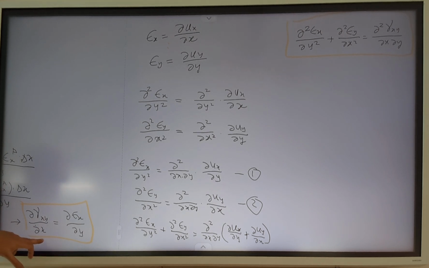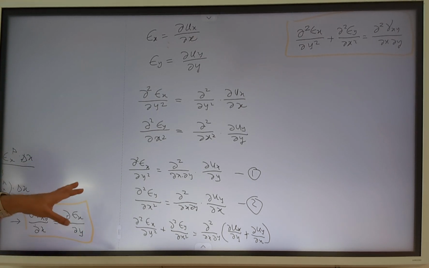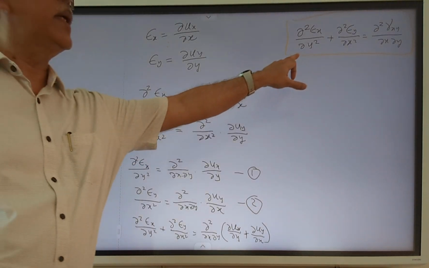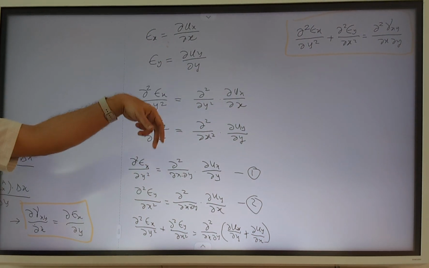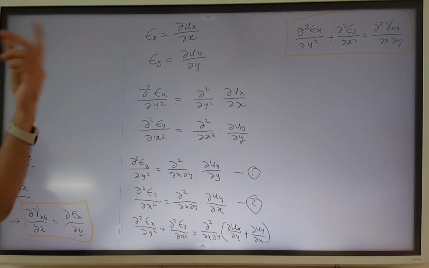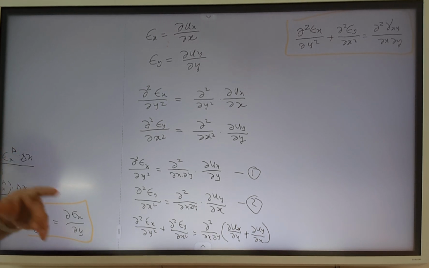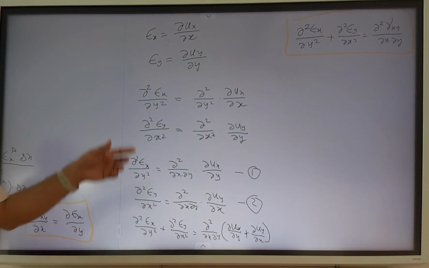That is what we found by simple geometry. In more general form, the general relationship between epsilon x, epsilon y and gamma xy is given by this particular relationship. That is simply because of the definitions of the strains, which implies that the strains cannot be randomly chosen. They have to have certain interrelationship between them, and that is what is given by this particular condition.